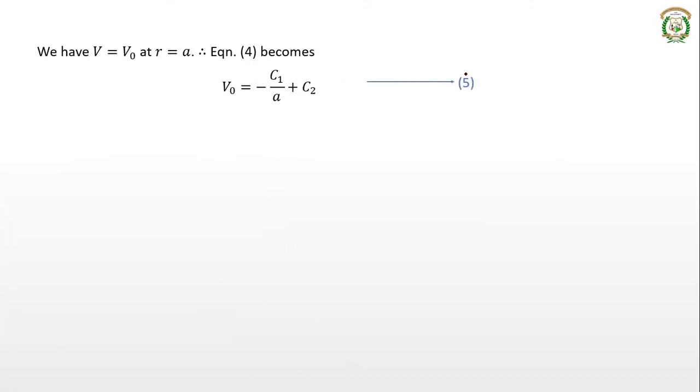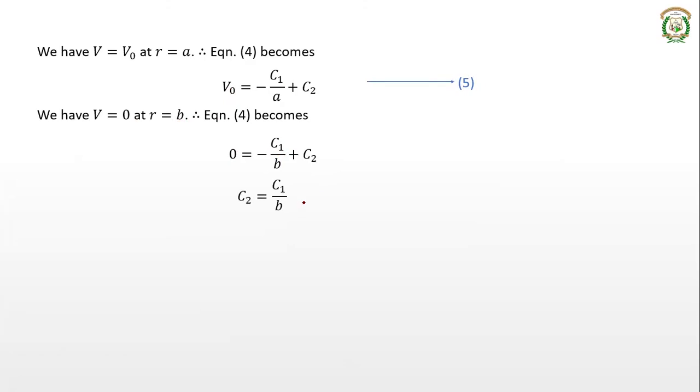So you take this as equation number 5. You apply another boundary condition, v is equal to 0 at r is equal to b. So that equation will become 0 is equal to minus c1 by b plus c2. From this, what is the value of c2? If I take this minus c1 by b to the other side, it will become c1 by b. So c2 will be equal to c1 by b, right?